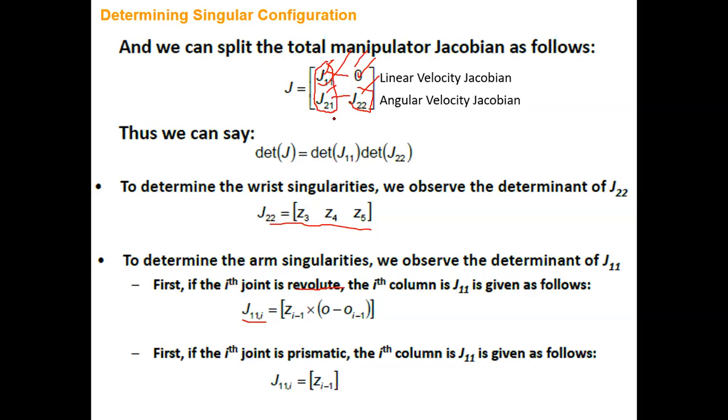In our case, n happens to be 6. This is 3, this is 3, makes 6. Here, this is 3, this is 3, that's why 6. So our n is also 6.